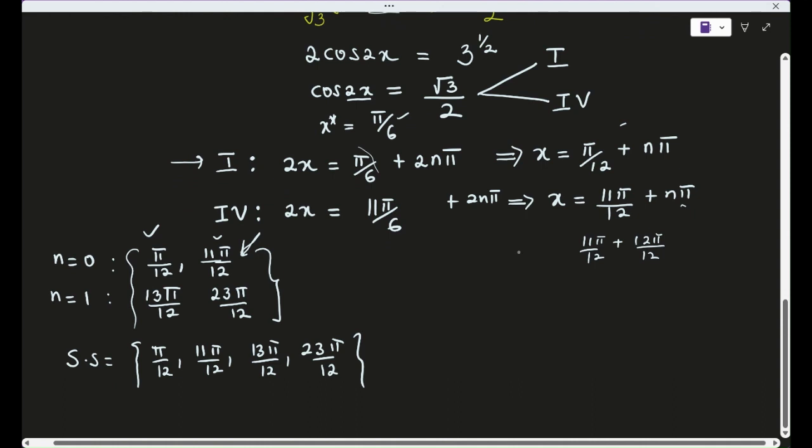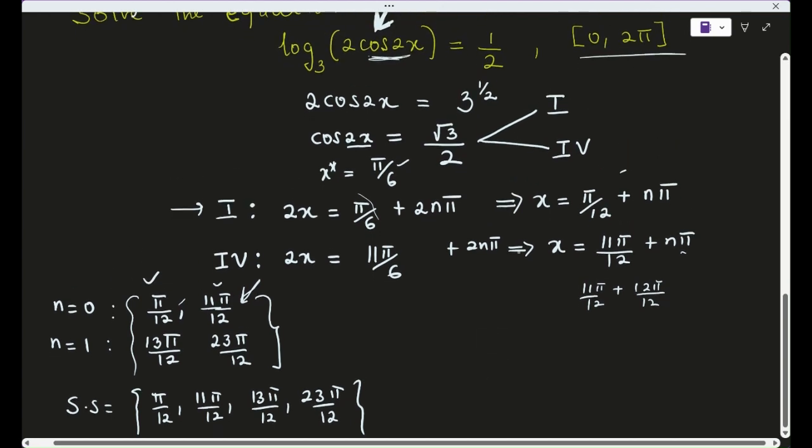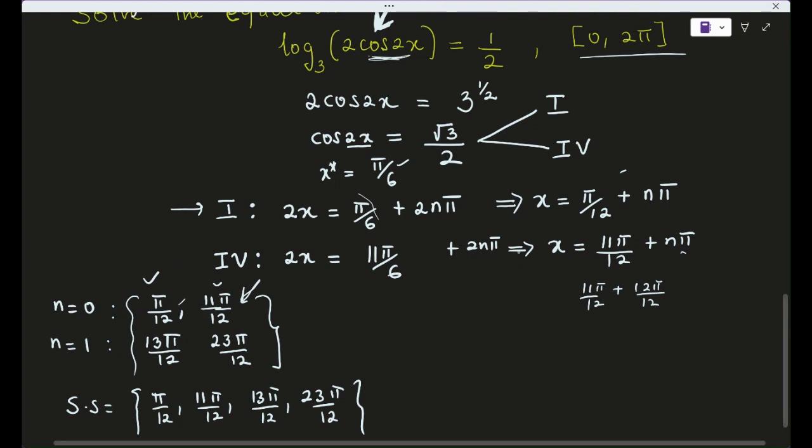For example, remember these are the values of x, right? So you can check, you want to test, is 2x in the first quadrant or in the fourth quadrant? Because if it's in the first or fourth quadrant, we are sure that the output is going to be positive. So for example, if you take x to be pi over 12, remember pi over 12 is part of the solution set.